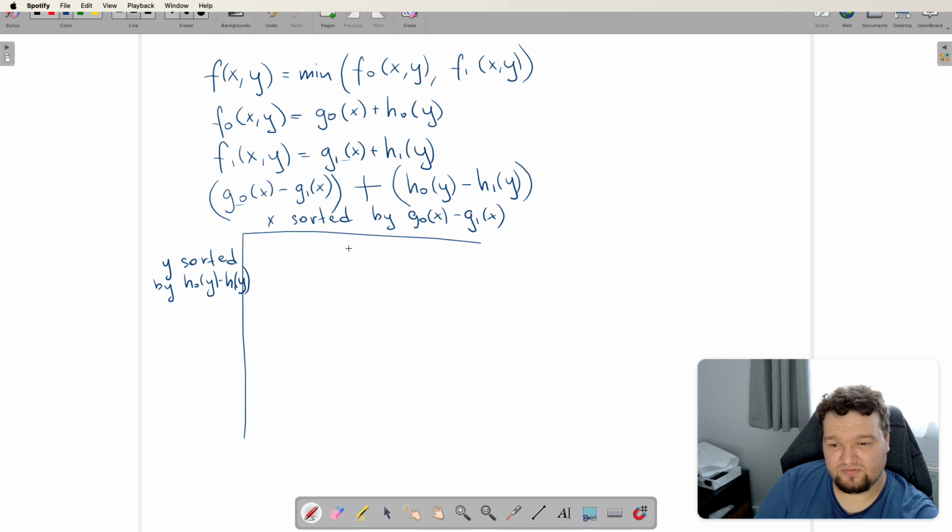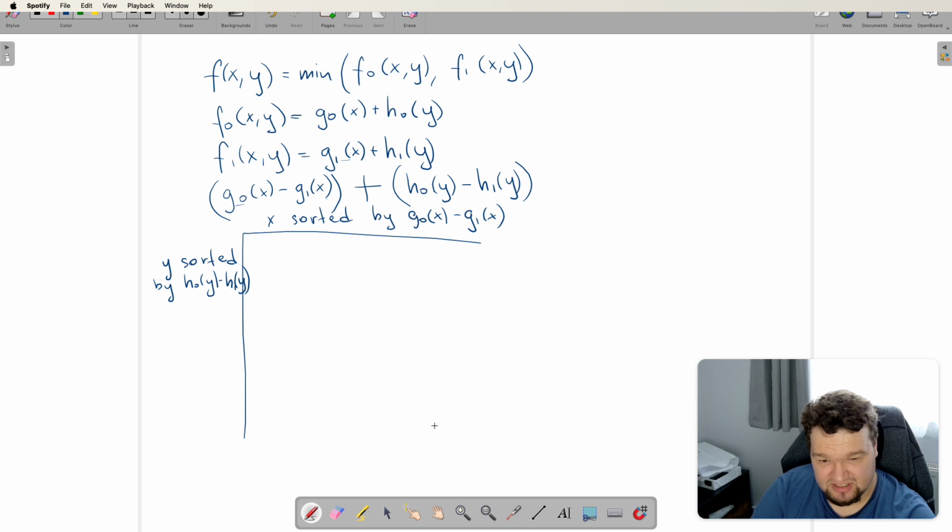And well, if we are close to this corner, then it's better to go with zeros, right? This is small, probably smaller than zero, and this is smaller than zero.